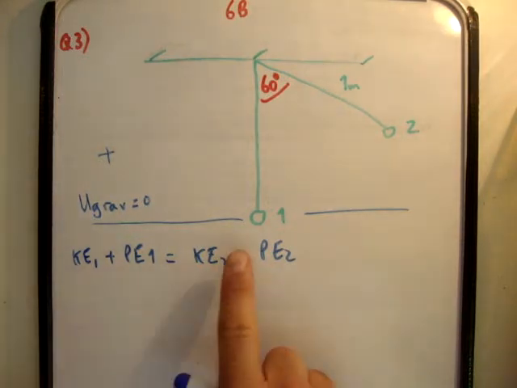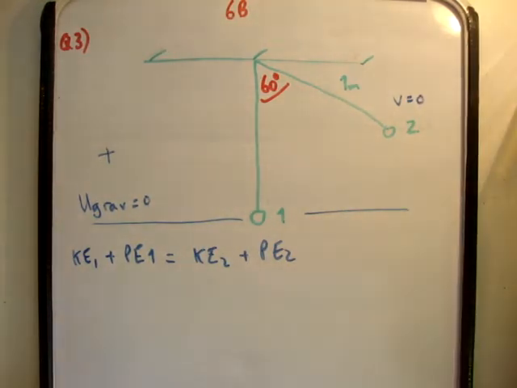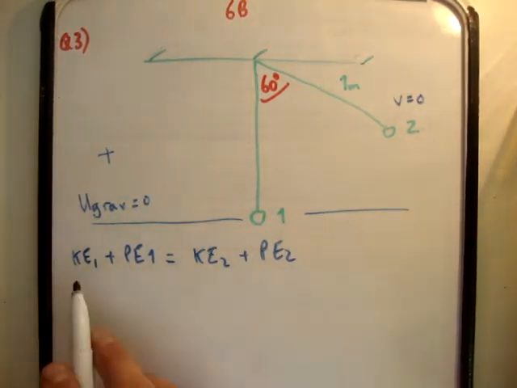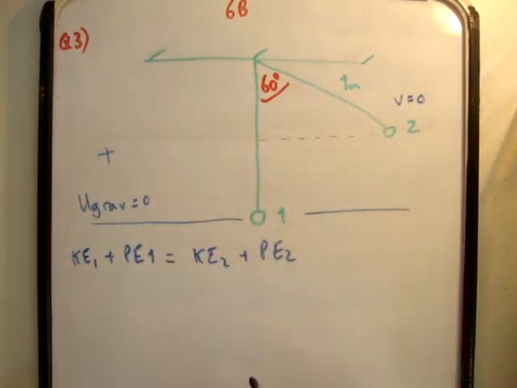We know when the pendulum is at its maximum height, its velocity is equal to 0, for the same reason that a projectile at its maximum height has a velocity of 0. Let's apply this to the scenario. Next thing we need to do is find the height. If we know that the length of the string is 1 meter, then from here to here is 1 meter.